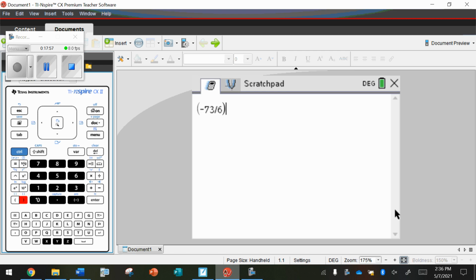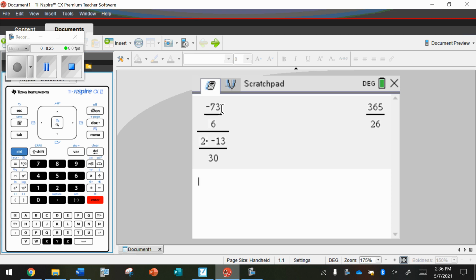So put parentheses around it. Divided by parentheses 2 times negative 31/30. Typing that in, then hit enter. And what your screen should show you on your calculator is the numerator of negative 73/6.